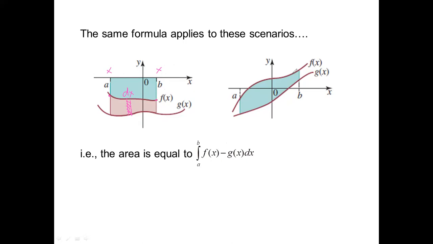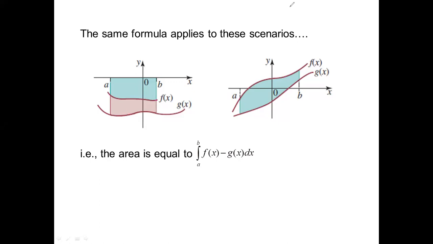I think that's true for this also, f of x minus g of x. If you will choose this differential element, so this is dx, and you have here the f of x, and you have here the g of x.